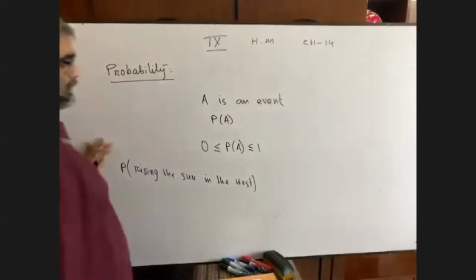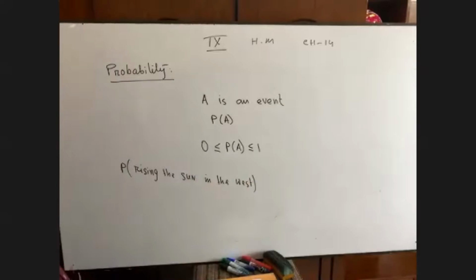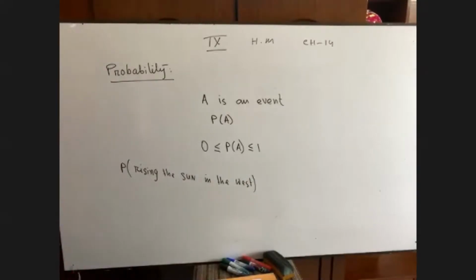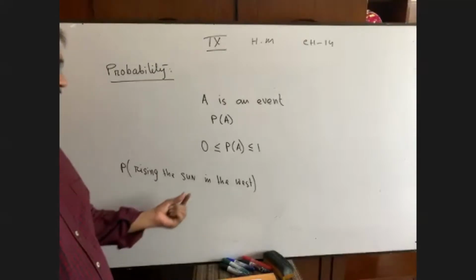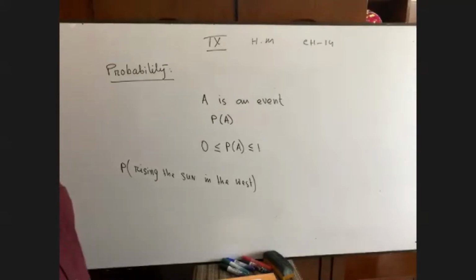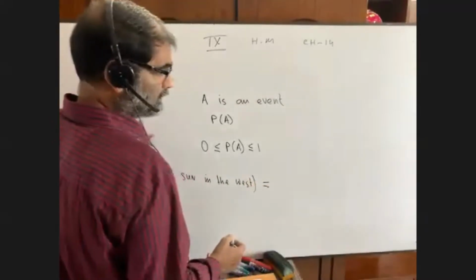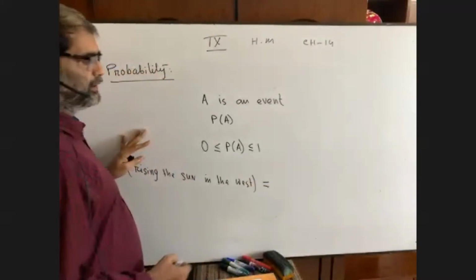What is the probability? Is it possible that the sun will rise in the west? No, sir. That means it is an impossible event. Impossible event is always 0.